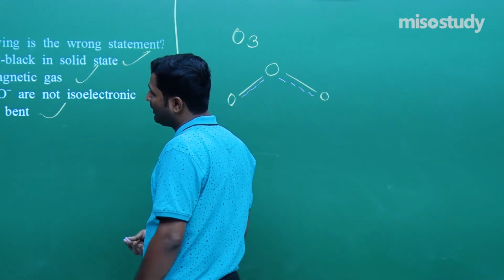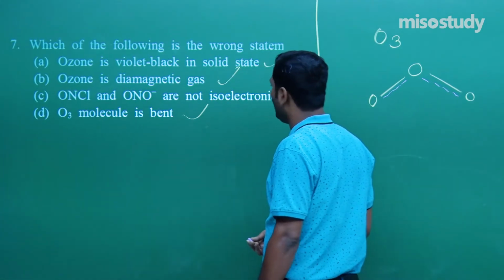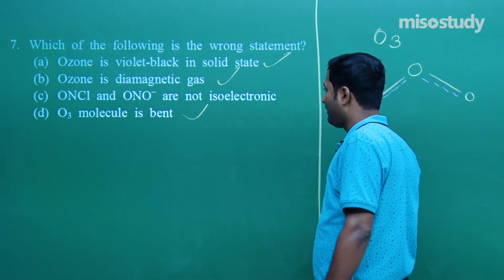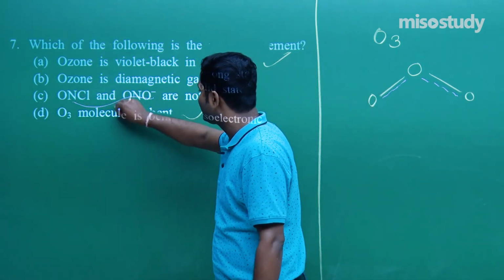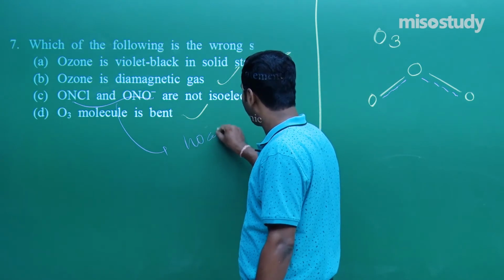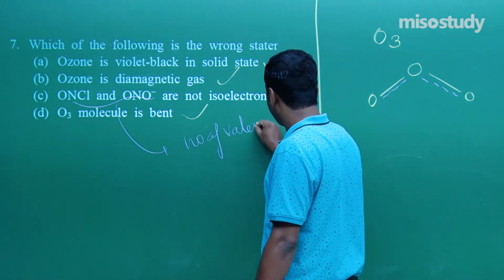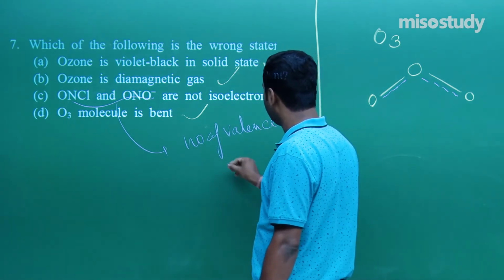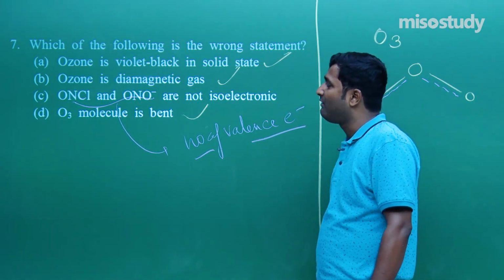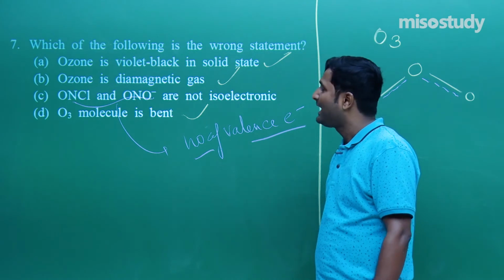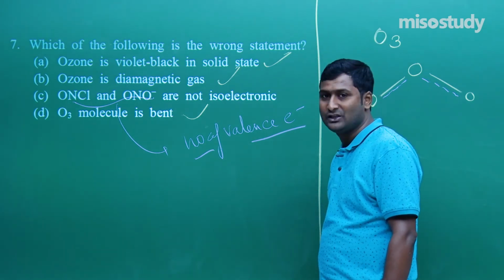But if I talk about OCl2 and ONO minus are not isoelectronic. No, this one is not a correct option, because in this case the number of valence electrons is the same. If the number of valence electrons is the same, then we can say they are isoelectronic in nature.